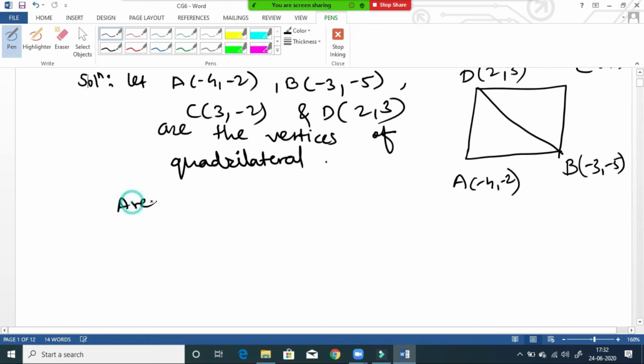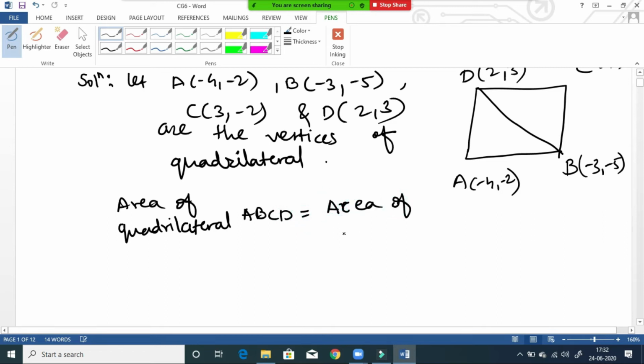So this is the quadrilateral. So the area of quadrilateral ABCD is equal to the area of triangle ABD plus the area of triangle BCD, because this quadrilateral is divided into two triangles, that is triangle ABD and triangle BCD.